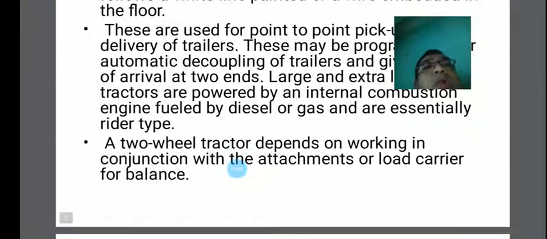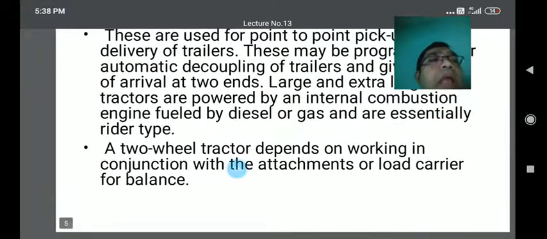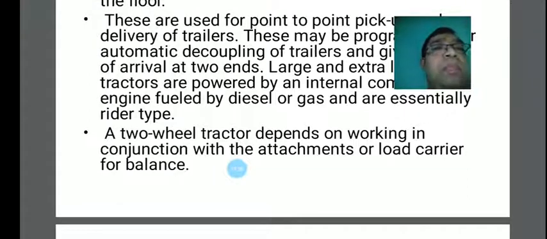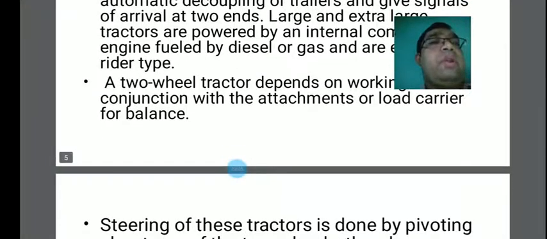Without the load carrier, the two-wheel tractor cannot be balanced, so it cannot move the materials properly or carry the load properly, according to its load-carrying capacity.